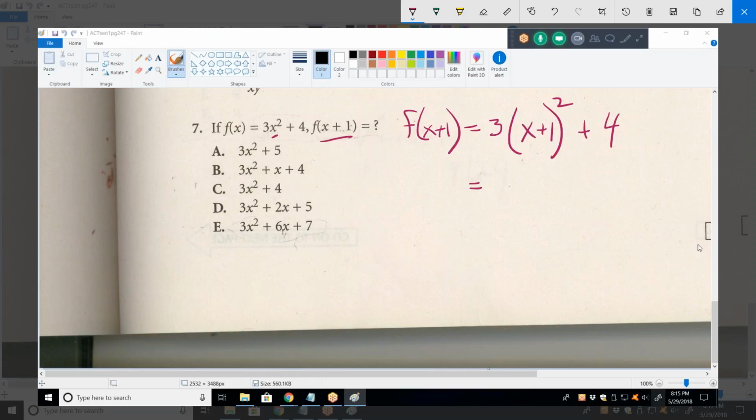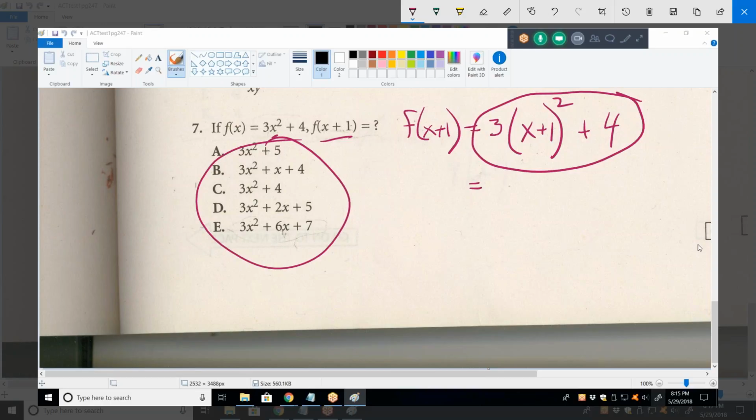I still got a lot of work to do here because I don't see that in my answers. You just solve it? Clearly I don't have to solve it. It's not an equation, but I gotta simplify that. Yeah, simplify it. So what's the first step in simplifying? You have to do the exponent. Okay, get rid of that exponent. What am I left with?